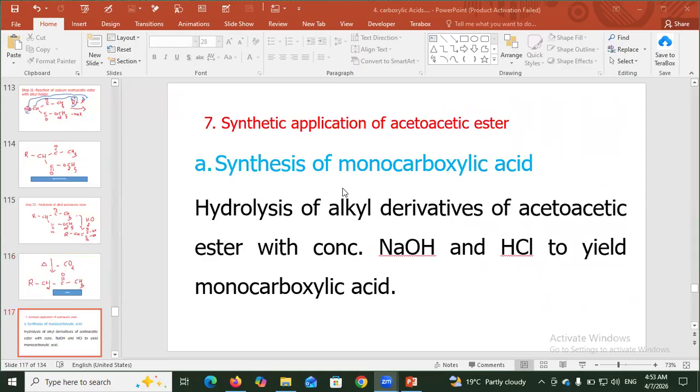Application of acetoacetic ester, synthesis of monocarboxylic acid. Hydrolysis of alkyl derivatives of acetoacetic ester with concentrated sodium hydroxide and hydrochloric acid to yield monocarboxylic acid.